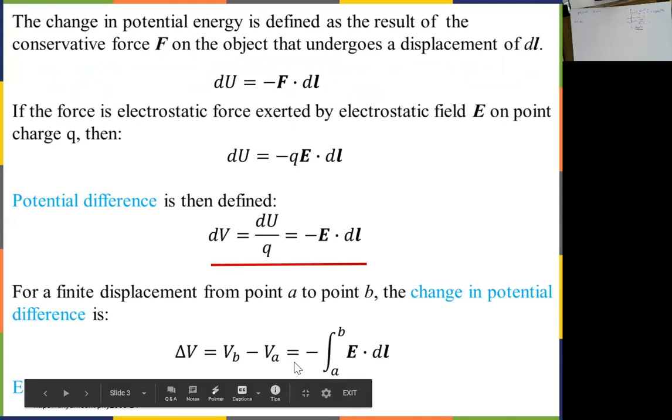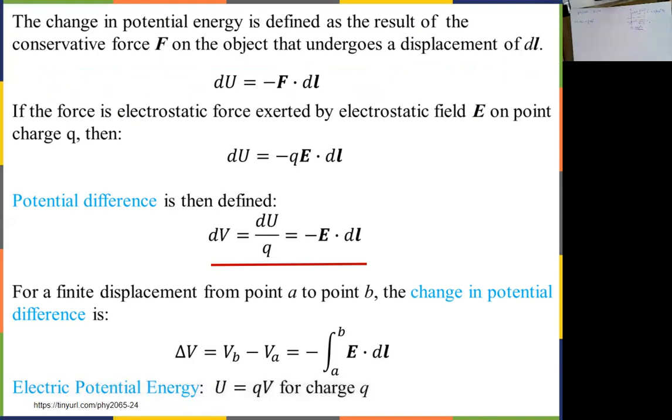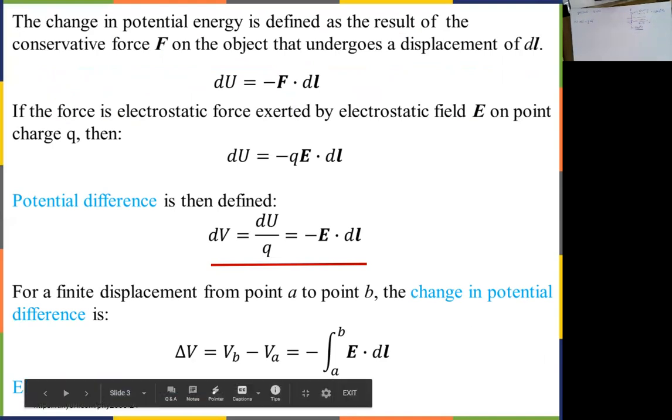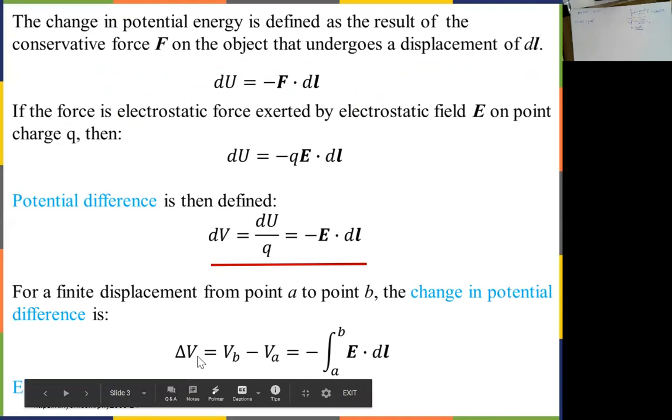So in here, you can see if you are looking for delta U, you can find delta V first, then delta U will be equal to Q times delta V, okay? So delta U will be equal to Q times delta V. And then for delta V, you can take this expression here, okay?